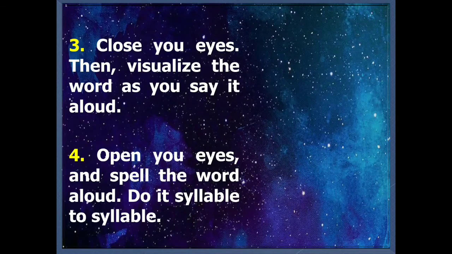Upon visualizing the words, children, all you have to do is think properly while you are closing your eyes and imagine the words that you have written from the dictionary that you want to spell. So think of it properly while closing your eyes and say it aloud.